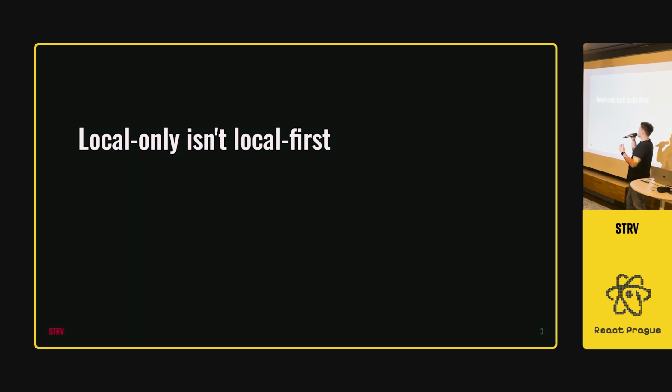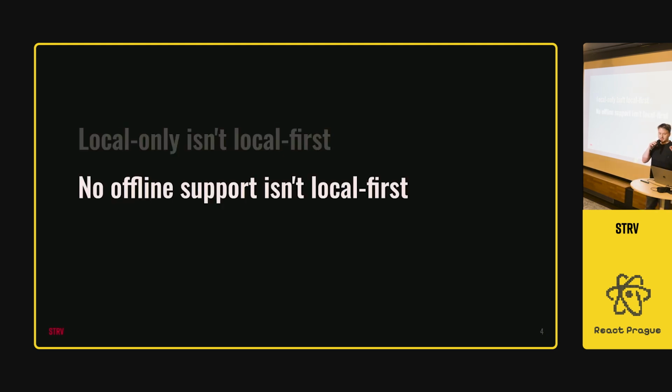There are 3 main stages. The first one: if the software works only locally, then it's not local first. Local first has to have some kind of collaboration aspect, and you need some kind of communication like syncing and so on. When the software doesn't work offline, it's not local first.